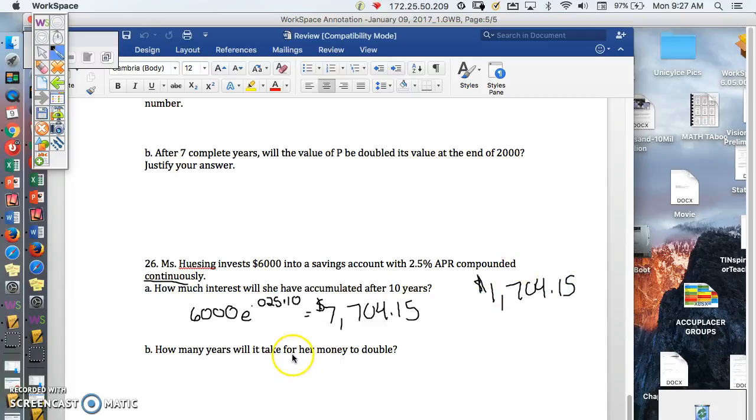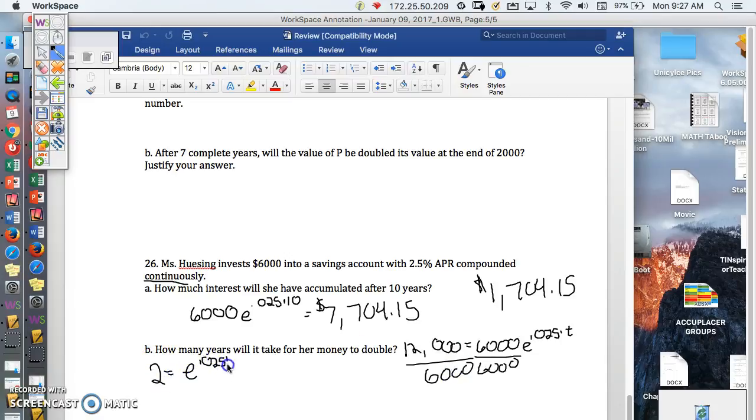How many years until it doubles? Well, if it doubles, if she starts with 6,000, she'd have 12,000. So 12,000 equals 6,000 e to the 0.025 times t. Divide by 6,000. So we have 2 equals e to the 0.025 t. Switch it to a log.